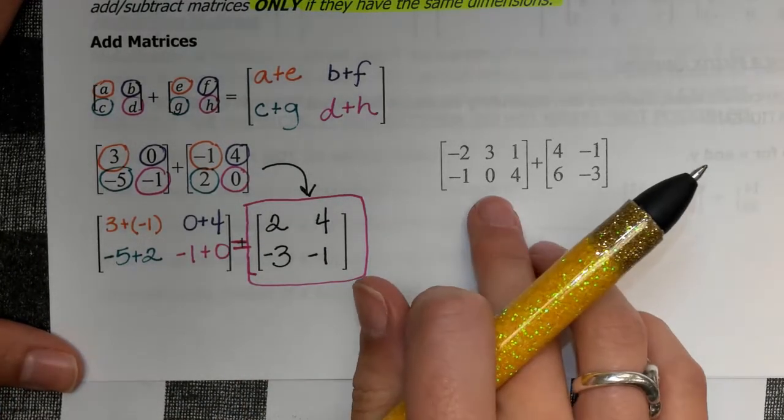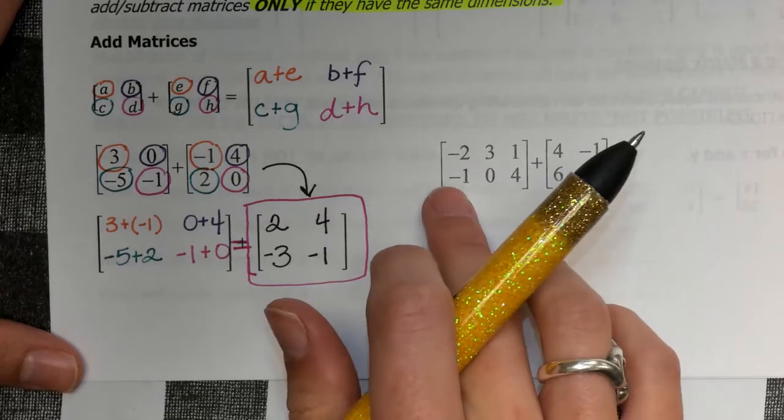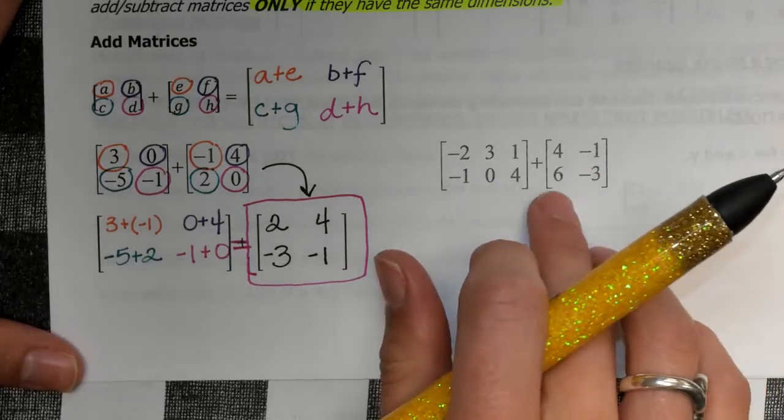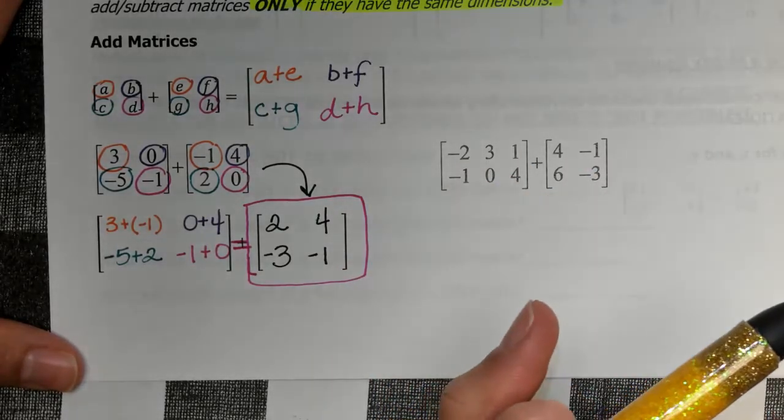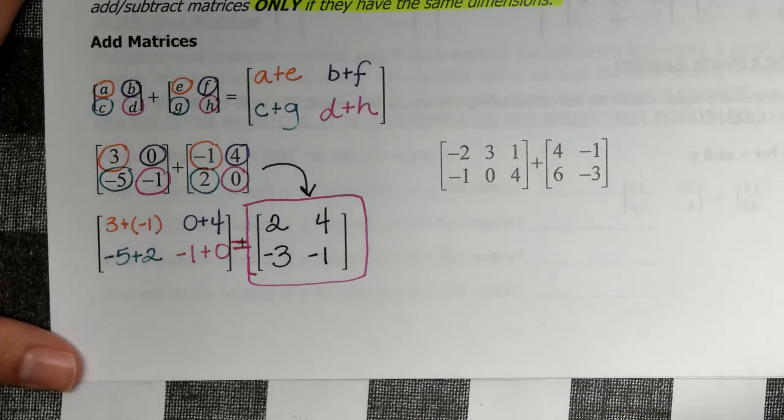So here, I've got negative 2, 3, 1, negative 1, 0, 4, 4, negative 1, and 6, negative 3. It doesn't work. Why does it not work?